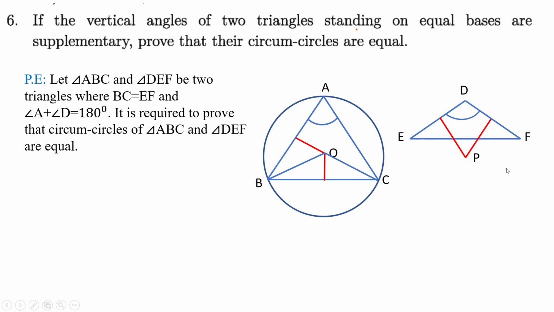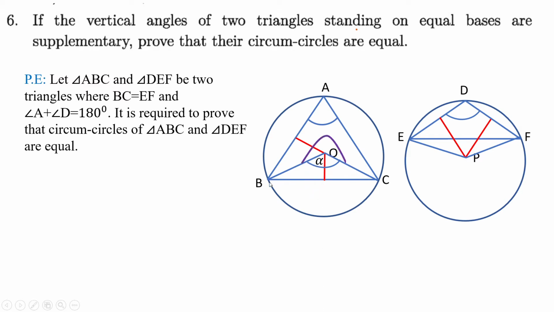If we take P as center and PE as radius and draw a circle, we get this circle. Let angle BOC equal alpha and reflex angle BOC equal beta. Let reflex angle EPF equal X and angle EPF equal Y.